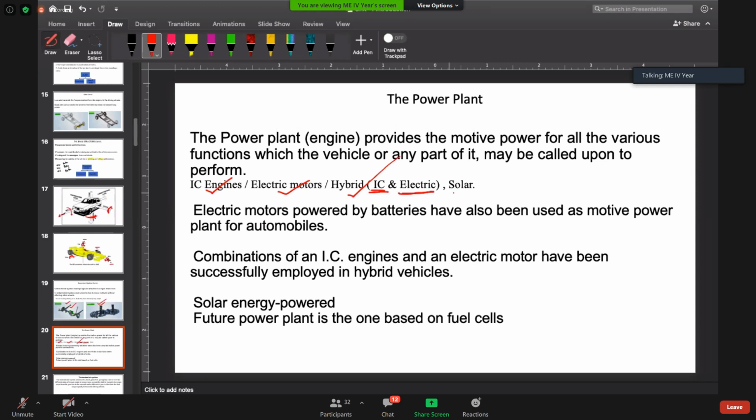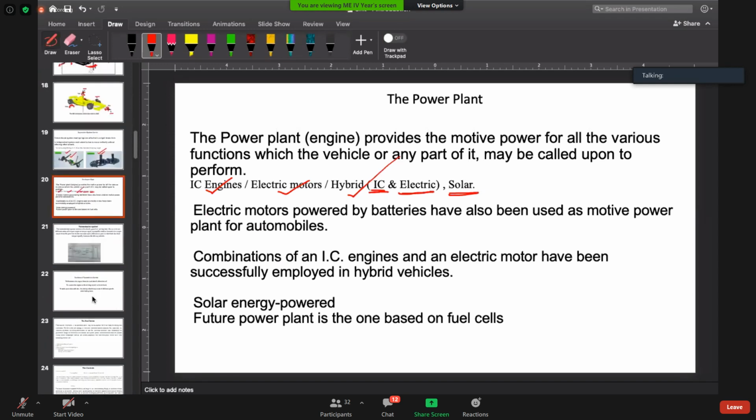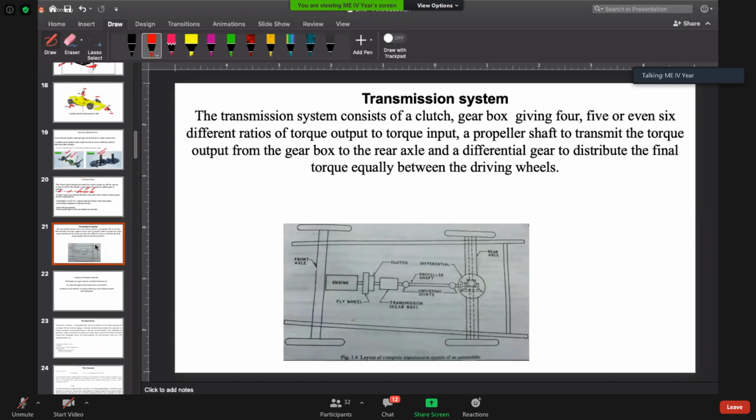And the next is solar. Now the future automobile will start running on solar energy. So this electric and solar cars are the future of automobile industry. If anybody wants to make a career in it, they can go for it.